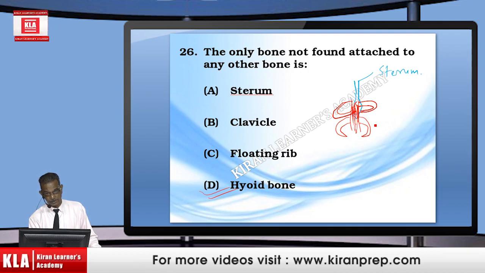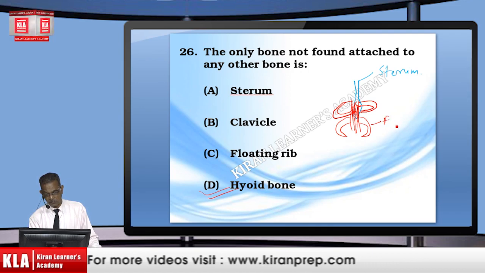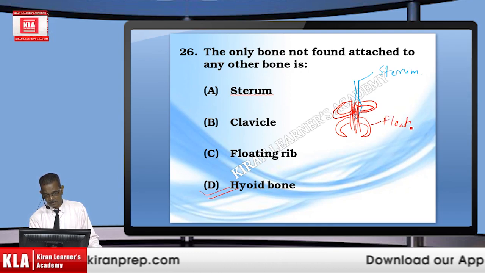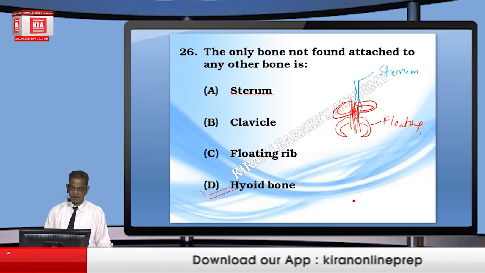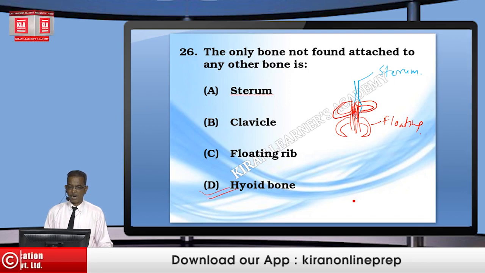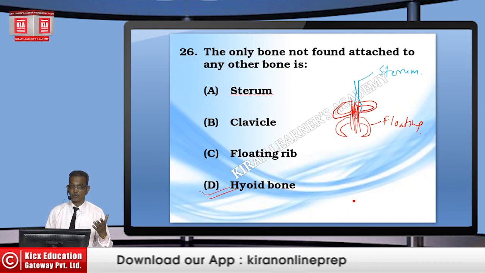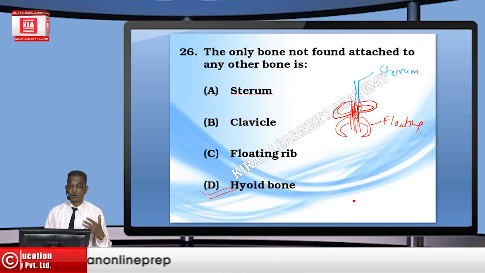They are just floating, and hence are called floating ribs. Now, the hyoid bone is the only bone in the neck region that supports the neck, and is also the only bone which is not found attached to any other bone in the body.